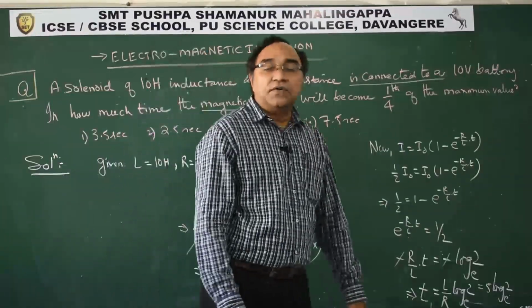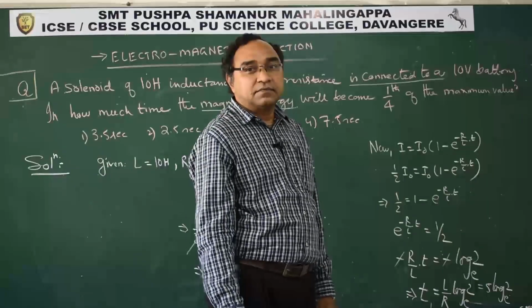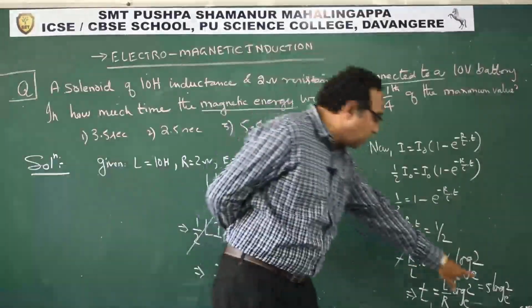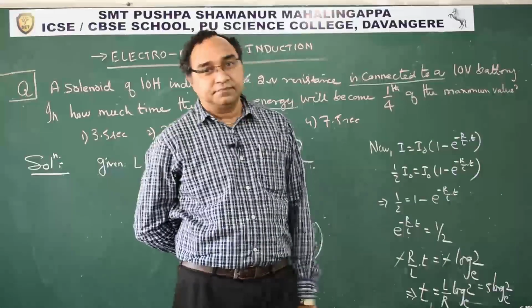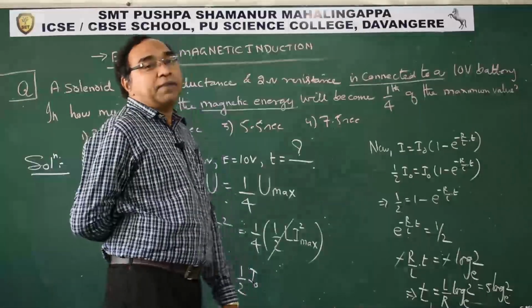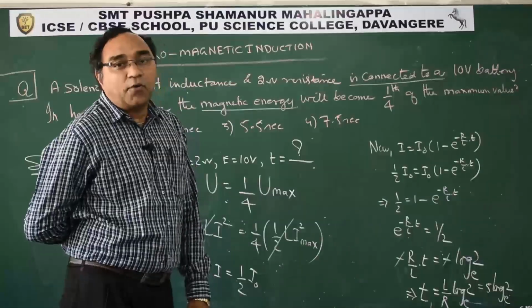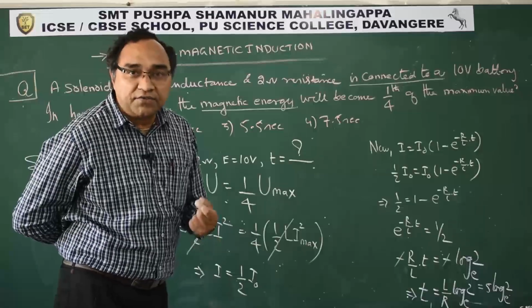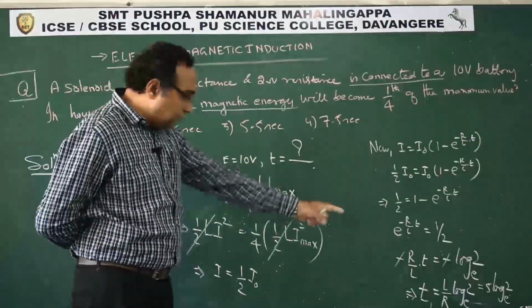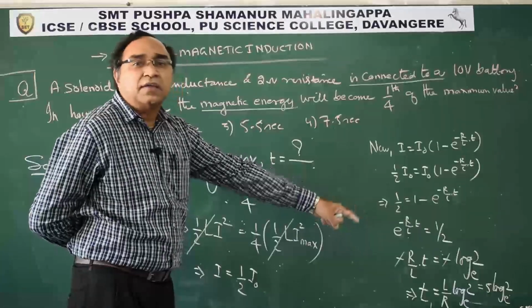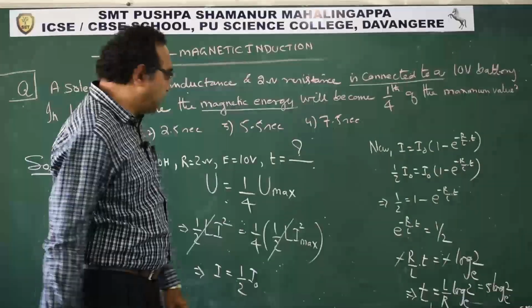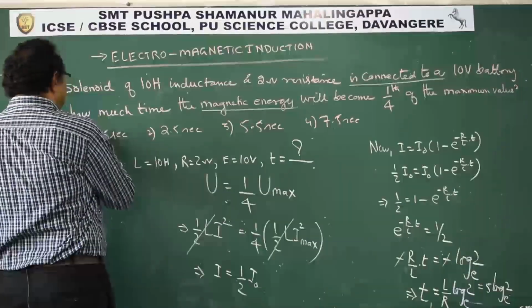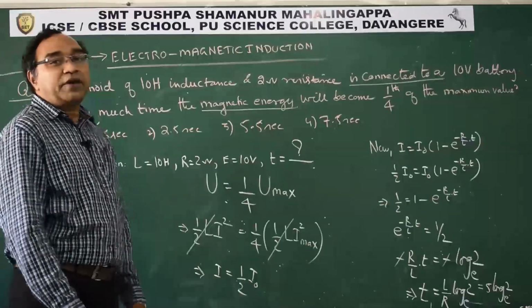Why? Because you are aware of log 2. How much is log 2 to the base e? It is 0.693. You can take it approximately 0.7. So that gives you 0.7 into 5, so 3.5 seconds. So your answer is 3.5 second.